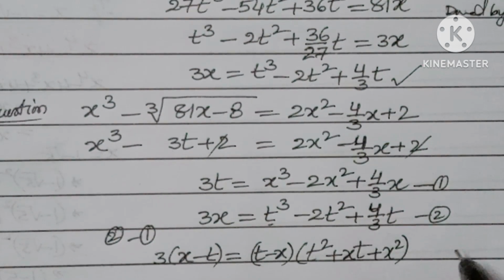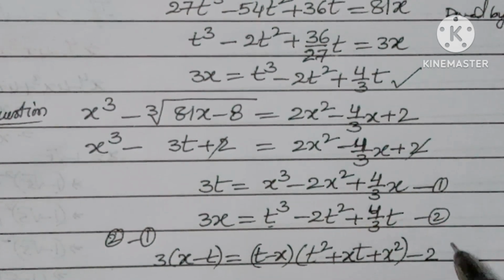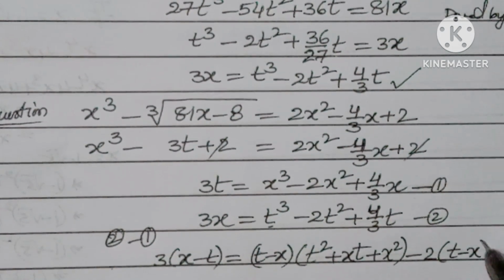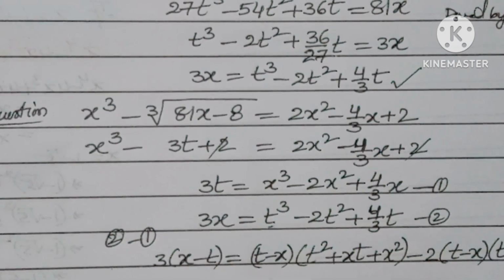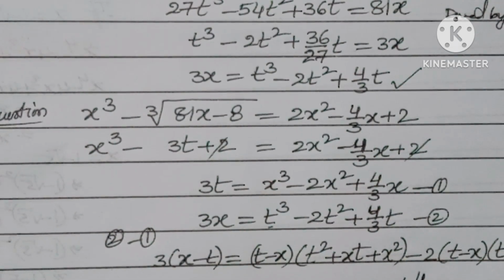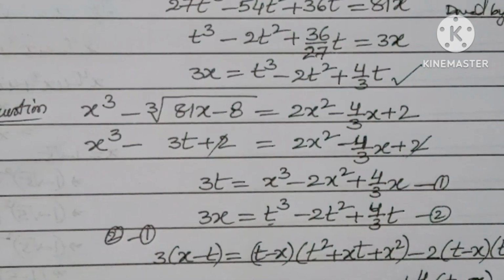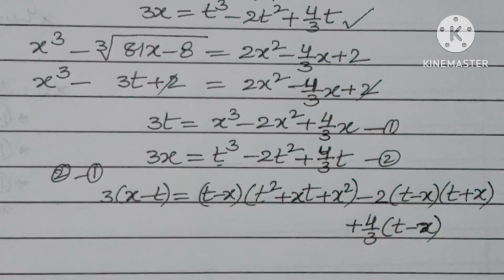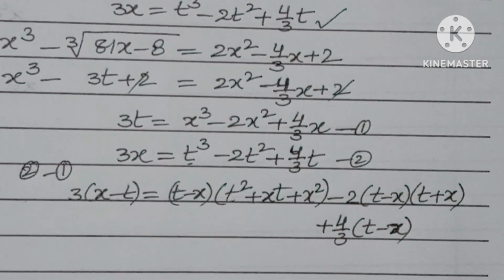Here you'll get minus 2 common, t minus x into t plus x, plus 4 by 3 into t minus x. So in all the terms t minus x is common.